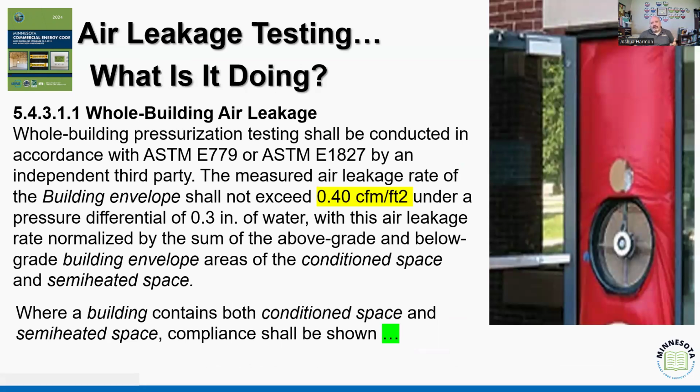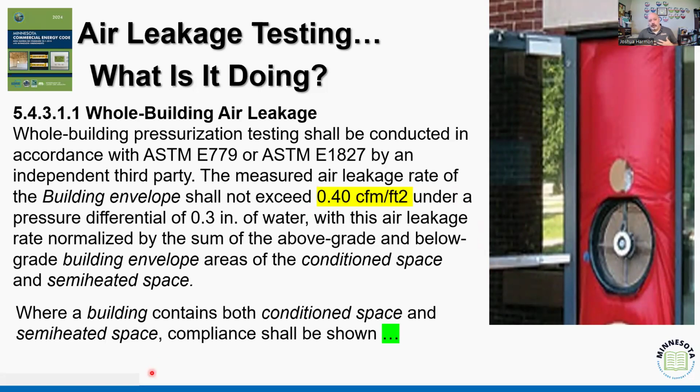So when we talk about that whole building air leakage, we know that we do the entire building, and that we have to get to the air leakage rate not to exceed the 0.4 CFM per square foot of conditioned space, right?